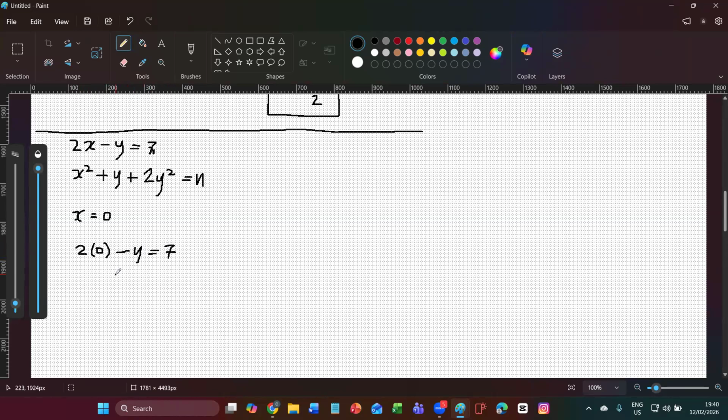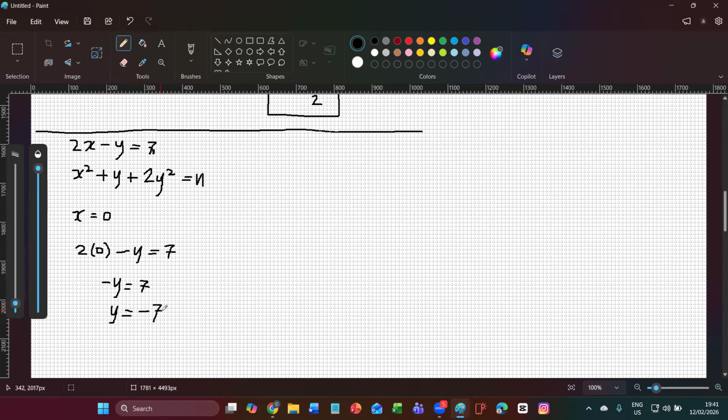Of course 2 times 0 is 0, isn't it? That leaves us with 0 minus y, which is minus y, equals 7. To get y, you divide both sides by minus 1, so y will be equal to minus 7.